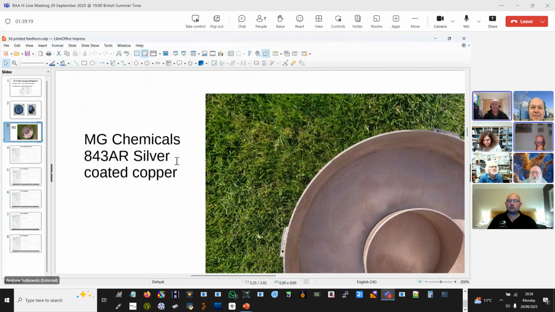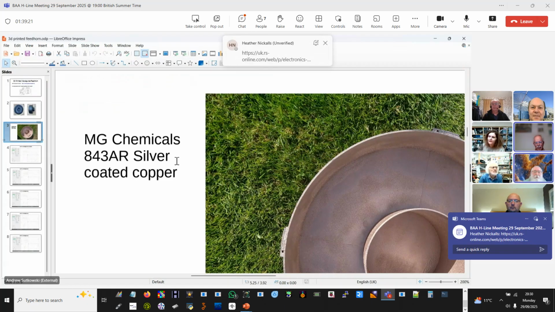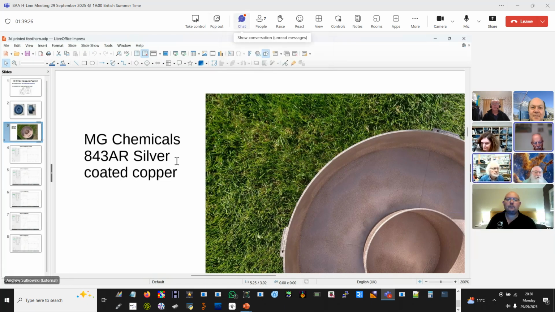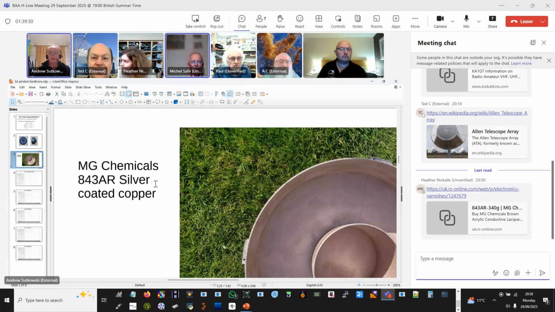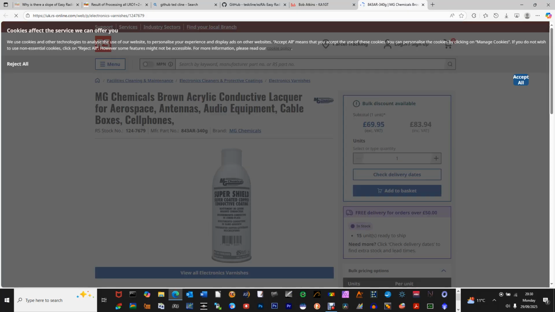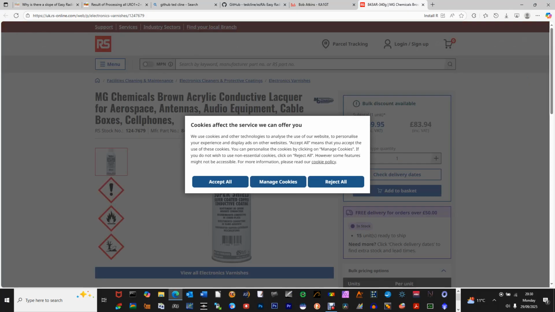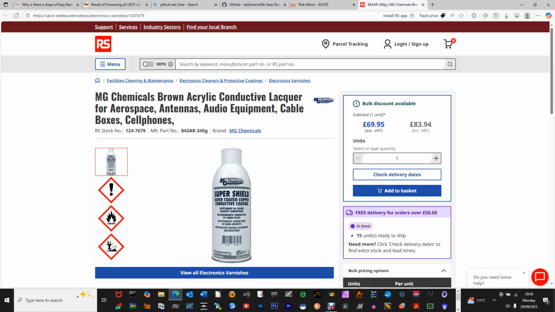I got it. MG Chemicals, okay. And you can see how my outer bits slot together. I just put a link to the chemical from RS in the chat. Thank you.